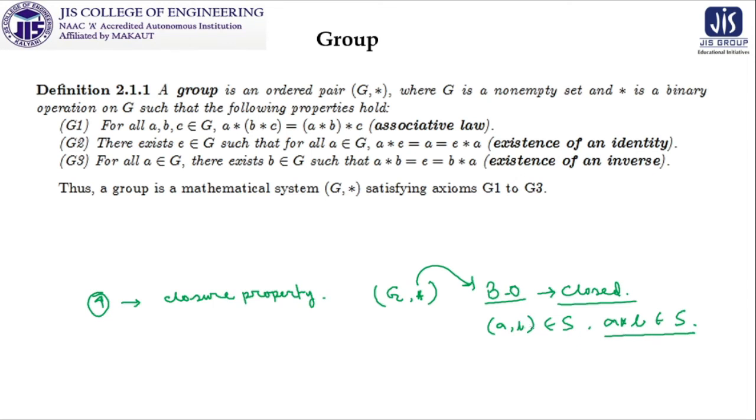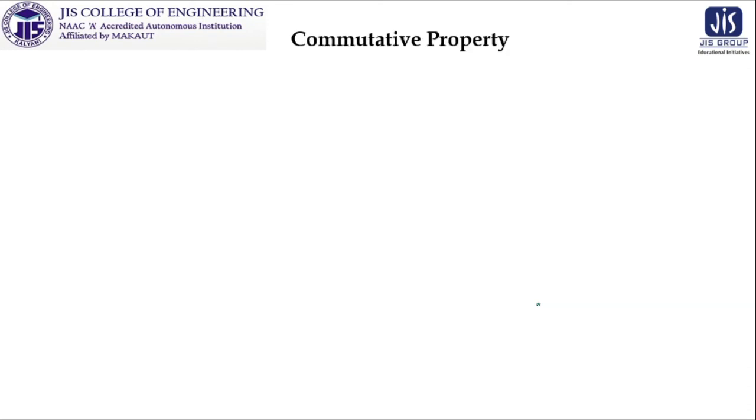The definition of binary operation and closure property is the same. So there is no need to mention the fourth if you are mentioning it is a binary operation. Clear?